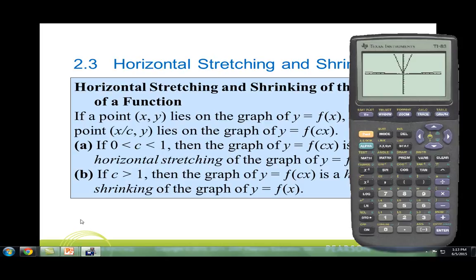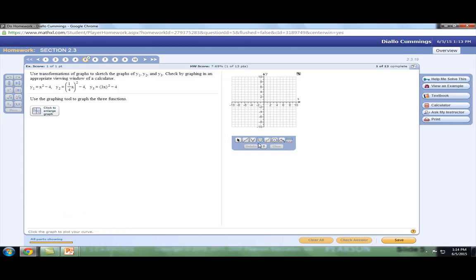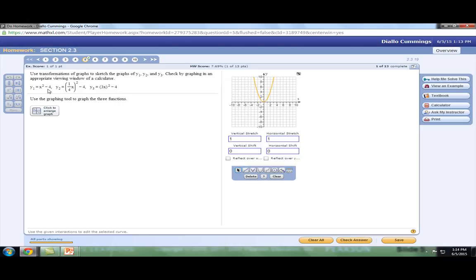Now if we go back to our homework problem, I'm going to use the quadratic function. So notice it has a vertical shift down 4 units. So my vertical shift is -4. For my next function, I have (1/4 x) squared minus 4.